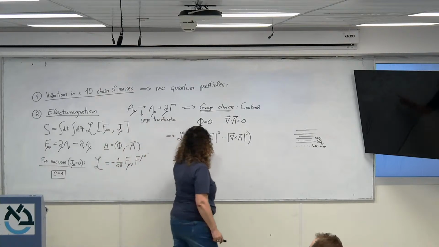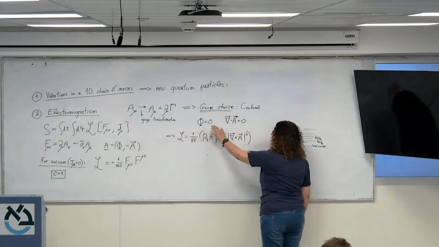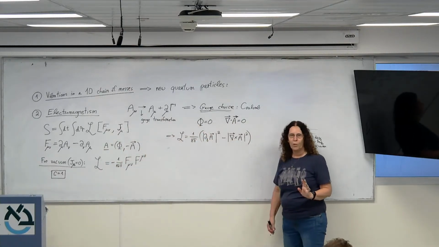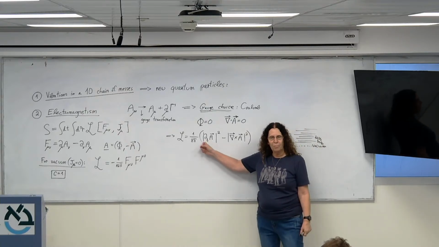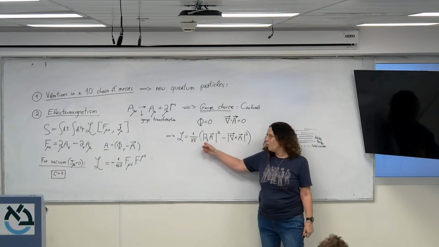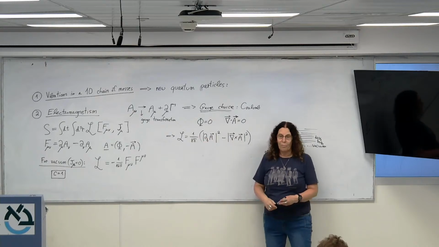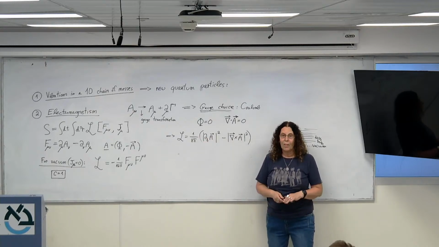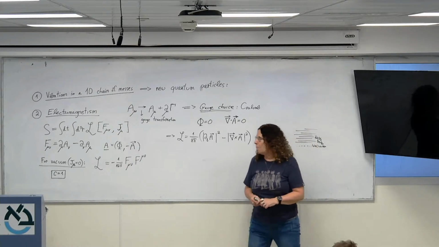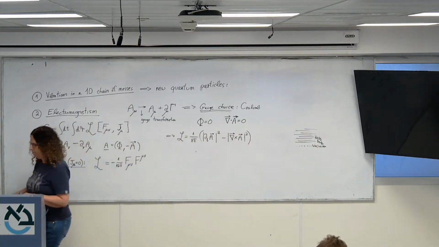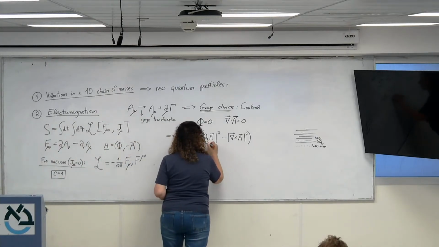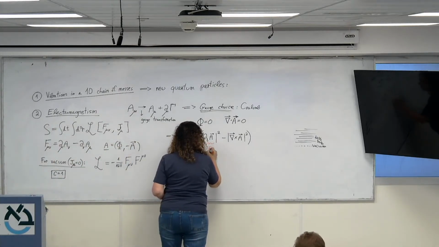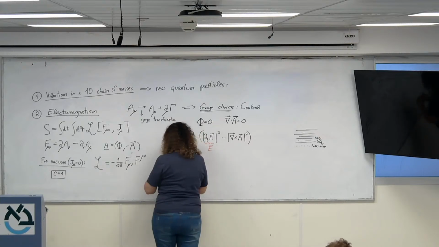If you have no electrostatic potential, just the vector potential, what is the time derivative of A? That's the electric field.